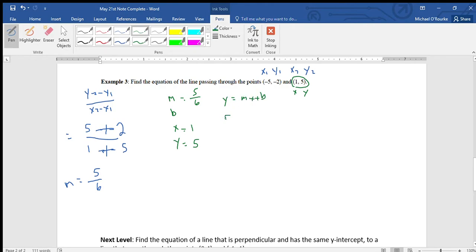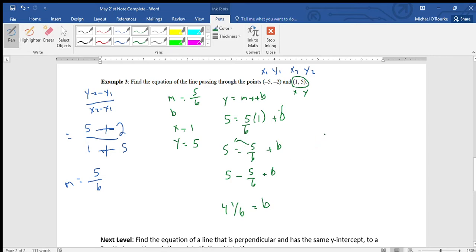So y is 5, this is 5 over 6 times 1 plus b. Oh my god, what did happen there? Which is going to be 5 equals 1 times 5 over 6 plus b. Let's move it over. 5 minus 5 over 6 is 4 and 1/6, which equals b.